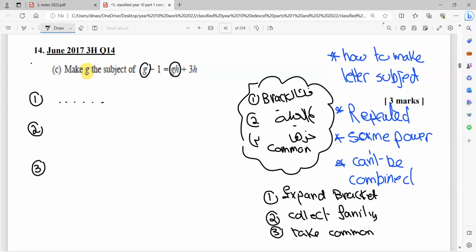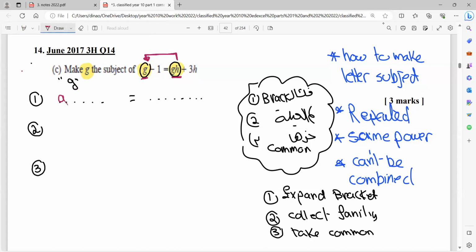It means that I am going to collect all the terms that contain the G on the left-hand side, and any terms that don't contain the G on one side. The family is any term that has the letter G, so I put the G's together.